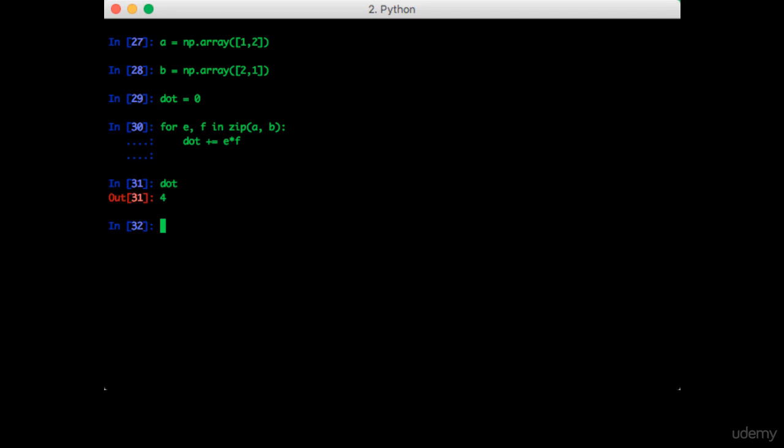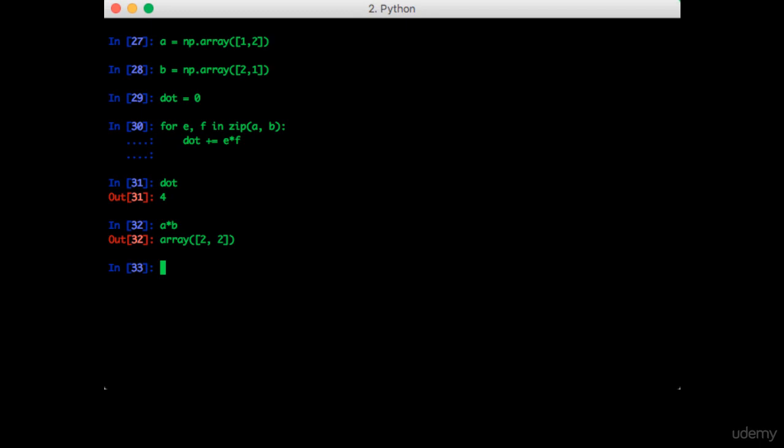But another interesting operation you can do with NumPy arrays is multiply two arrays together. Previously, we only saw how to multiply a vector by a scalar. So let's try A times B and see what that gives us. So we see that this gives us the element-wise multiplication of the two arrays, as one might expect.